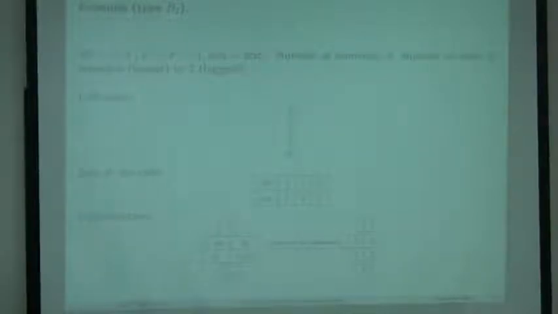Okay. So for example, type B2. And then you start doing some calculations. And as I said, I'm super lazy, so I have a computer program to do it. Obviously, I could have done this myself, but still, I'm so lazy that I even did this calculation with the computer. But for the computer, it's pretty easy. You can compute the products of Kazhdan-Lusztig basis elements, and you realize that there's a nice pattern.